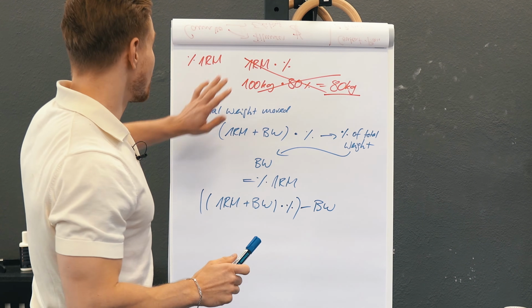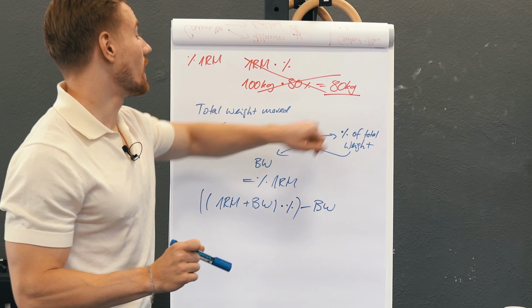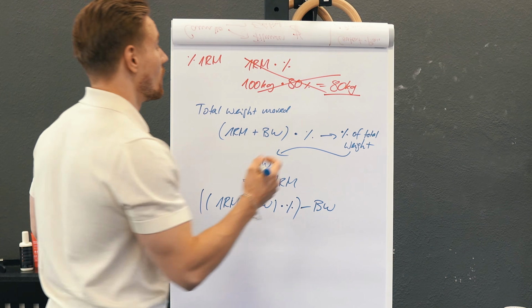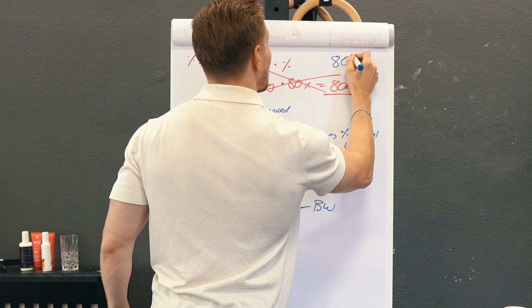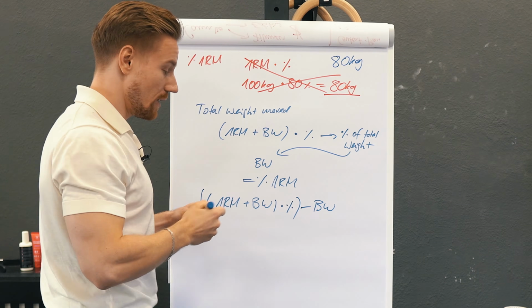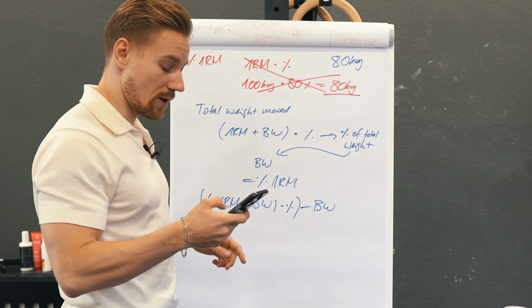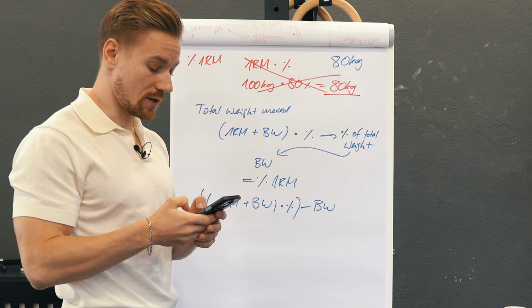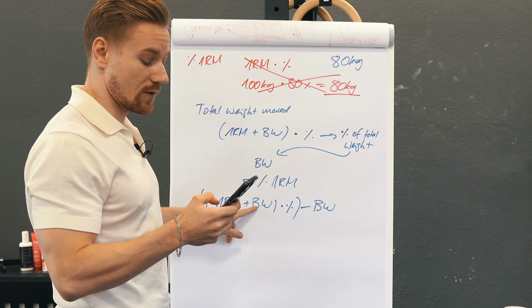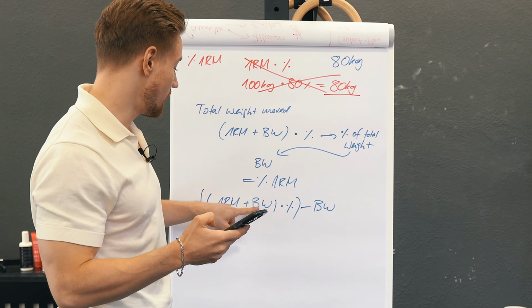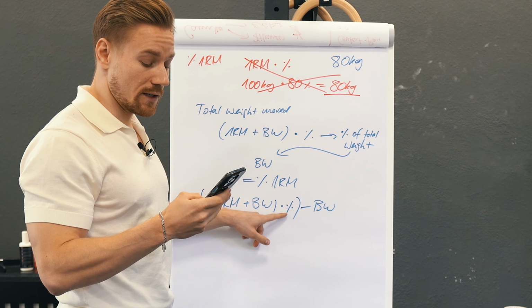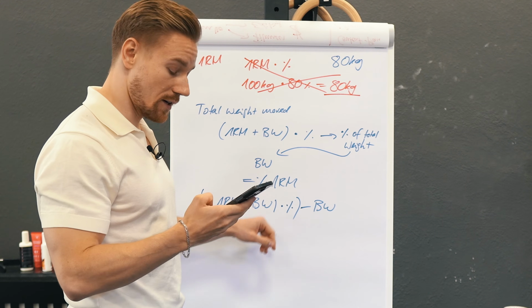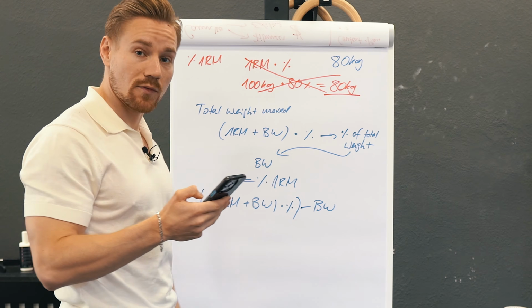Let's take a look at what that means for our initial example, where I assume I am 80 kg in body weight. We are calculating the 1 rep max, which is 100 kg, plus the body weight, it's 180. Then we multiply that by 0.8, so 80%, that's 144 kg.